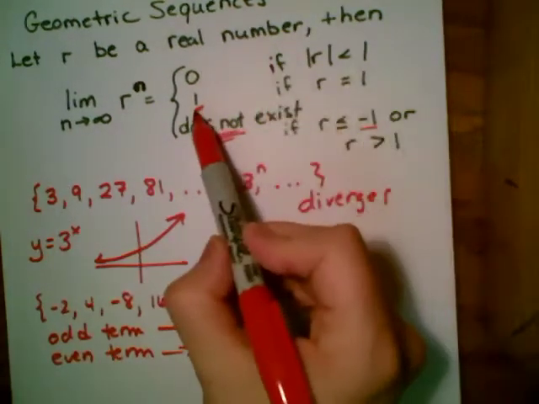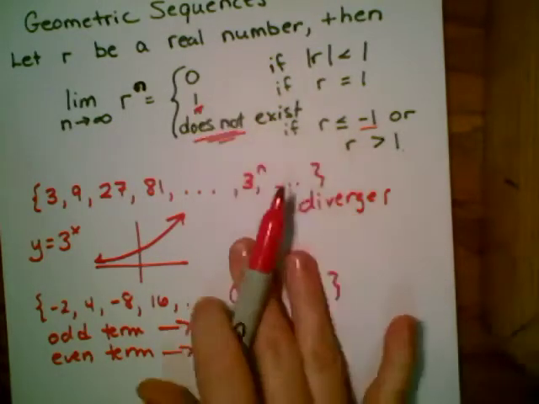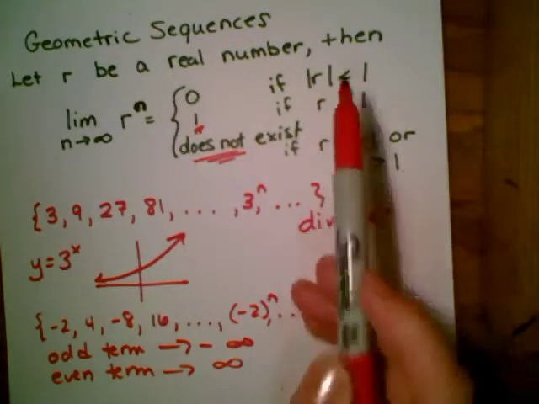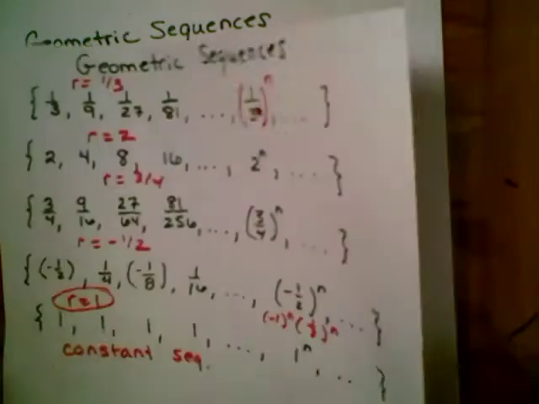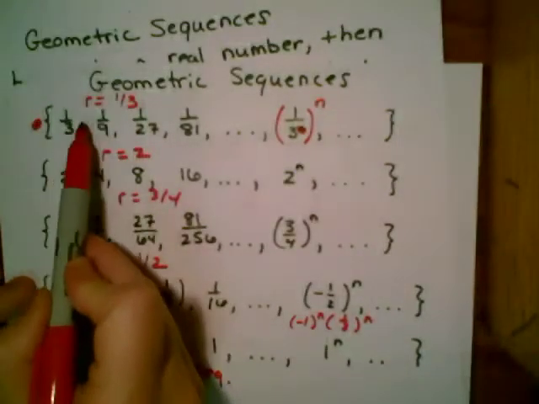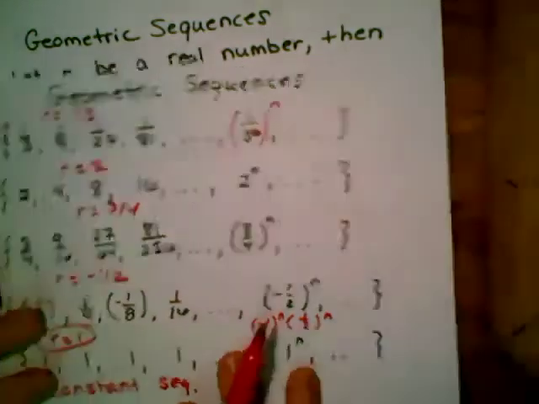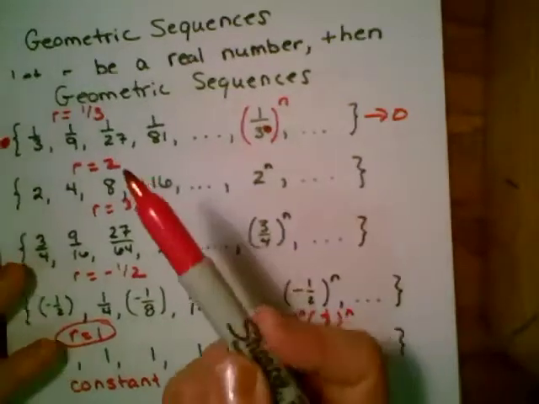We saw the uninteresting example where the terms were constant 1. And then if we return to any of those examples where the absolute value of r is less than 1, we can convince ourselves that the sequence will converge. We have 2 of those examples. In the first example, the absolute value of r was less than 1, so by our theorem, that converges to 0, and we can see that.